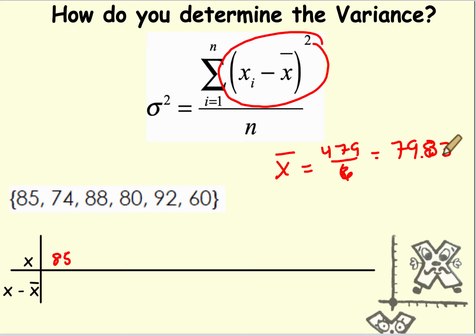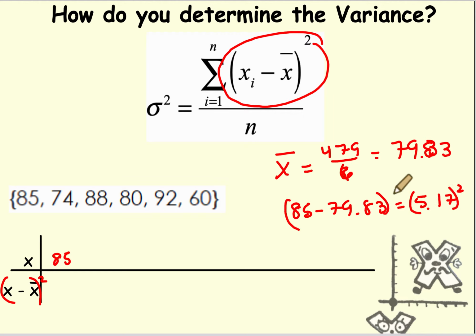Okay, so if my number is 85, I subtract 85 minus 79.83, and I get 5.16666, and then I'm going to square it. So what I did was 85 minus the 79.83, got my answer, and I squared it.